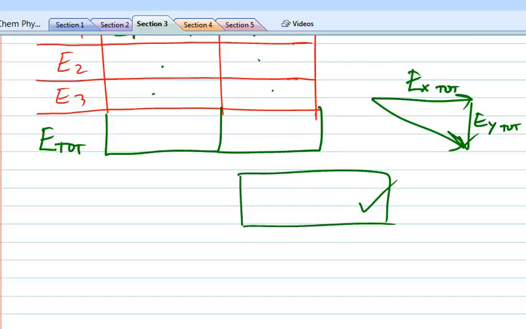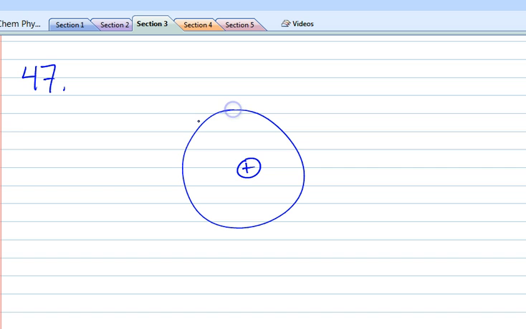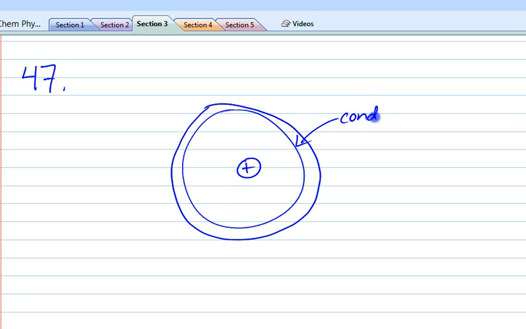Now, I think we have time, so let's quickly talk about 47. 47 said, okay, we have a positive charge surrounded by a conducting shell. Okay, that's close enough, you get the idea. This is a conducting shell. And we want to know basically what is going on with the electric field here.